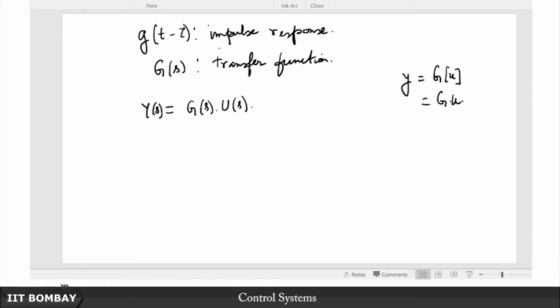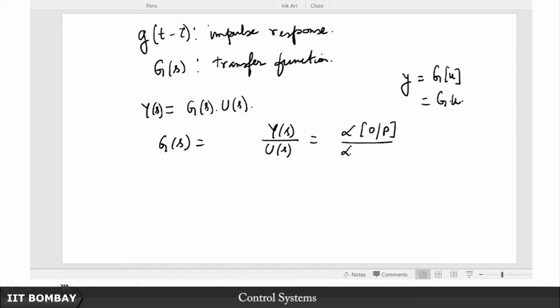Apart from calling it the Laplace transform of the impulse response, you can also call it the ratio of the Laplace transform of the output to the Laplace transform of the input, with all initial conditions set to 0.